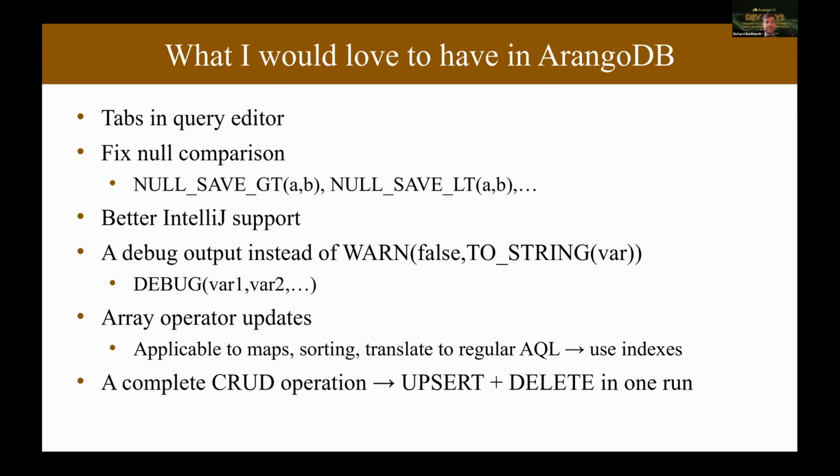And better IntelliJ support would be quite handy. And of course, to get rid of the one false to string thing, I would love to see a simple debug variable 1, 2, 3, 4, 5, 6. And I love those array operators, and I would love to have them on maps as well. And I would also love to have sorting.